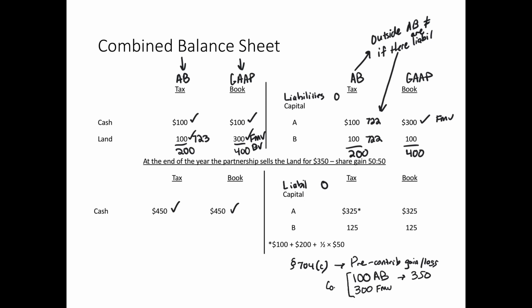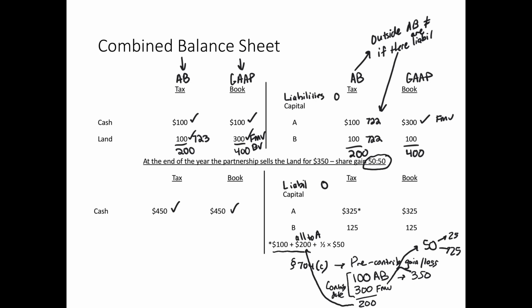That first $200 difference, right? If we subtract 300 minus 100, we get a $200 difference. That first $200 difference gets allocated all to A. Then the amount that's beyond the $300 fair market value, that $50, gets allocated 50-50 between A and B. So 25 of that goes to A and 25 of that goes to B.